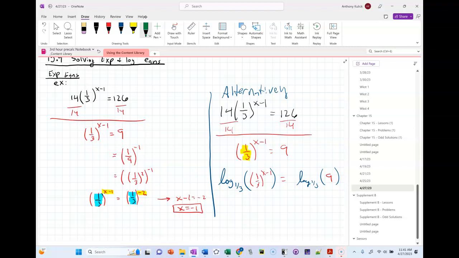And as we've established last time, log base b will cancel with exponent base b, leave me with just the exponent.